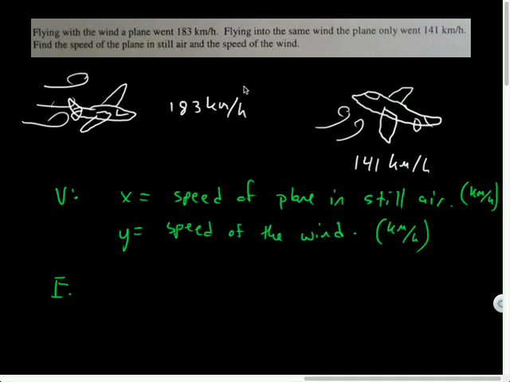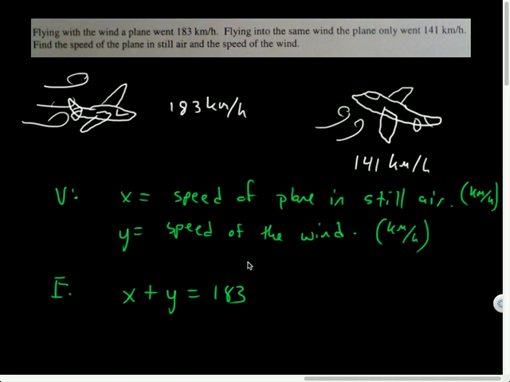What caused the plane to move that fast? The wind, so the wind speed was part of it. And then what else affected the plane's overall speed that day? Right, and I could just add those together, and that would equal the total speed. The plane's speed in still air plus the speed of the wind equals its actual speed.